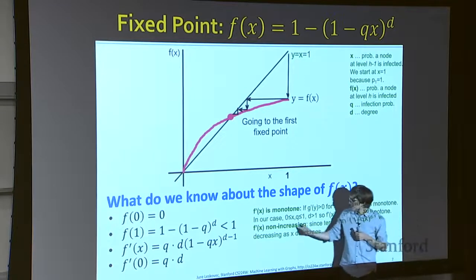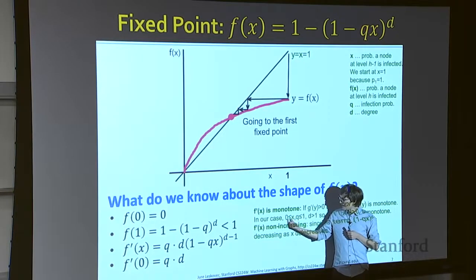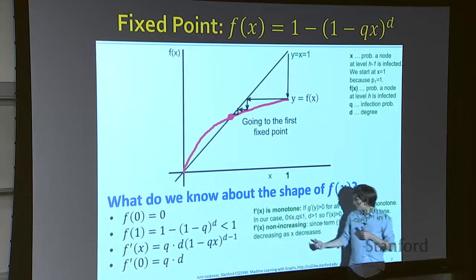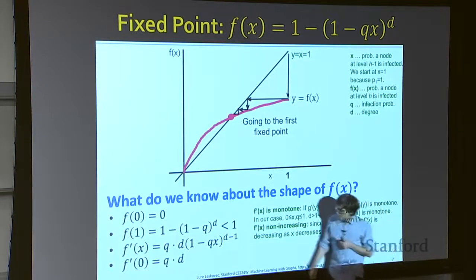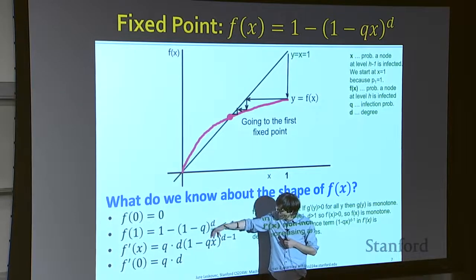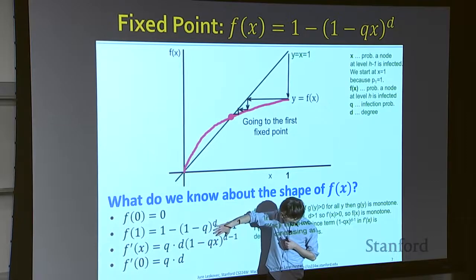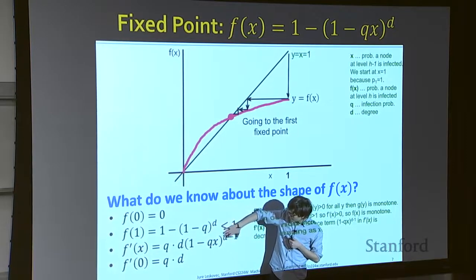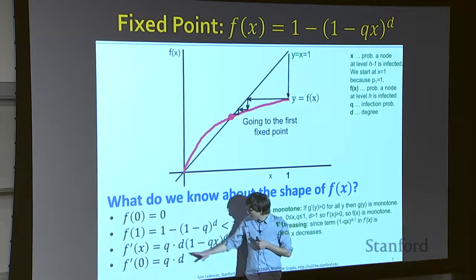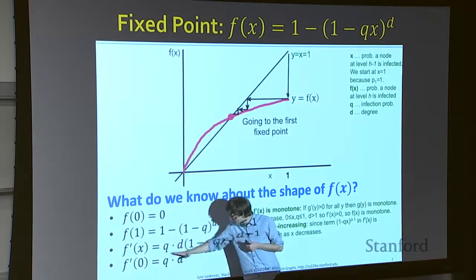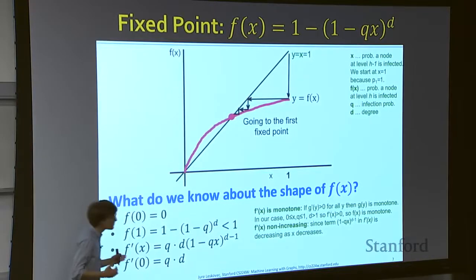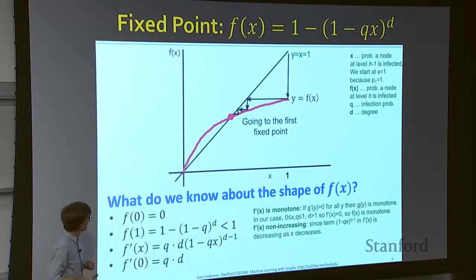In our case, x is greater or equal to 0, x and q are between 0 and 1 because they're probabilities, and d is greater than 1. So if we look at this product, it will be less than 1, raised to the power d will be non-negative, so this thing will always be positive. So the derivative will be positive all the time, which means our function is monotone.